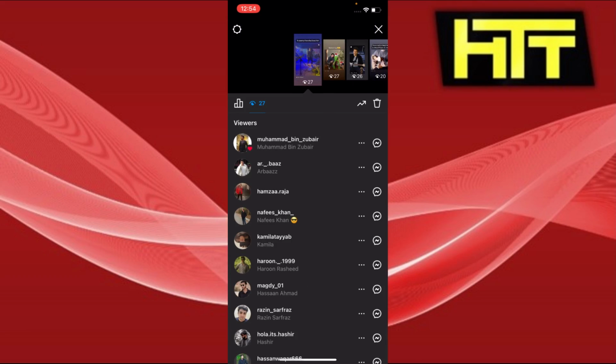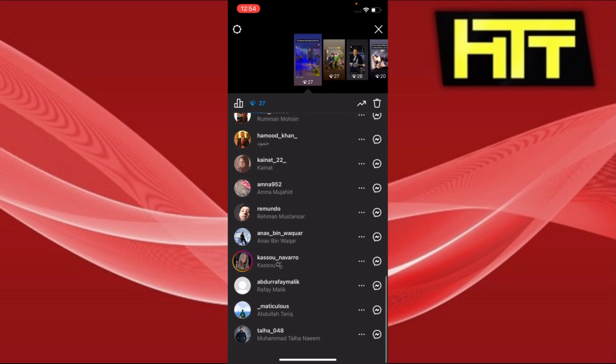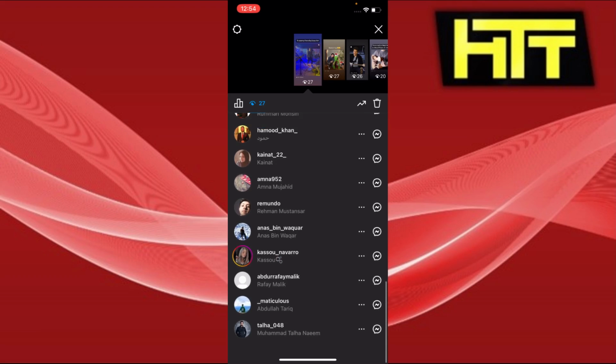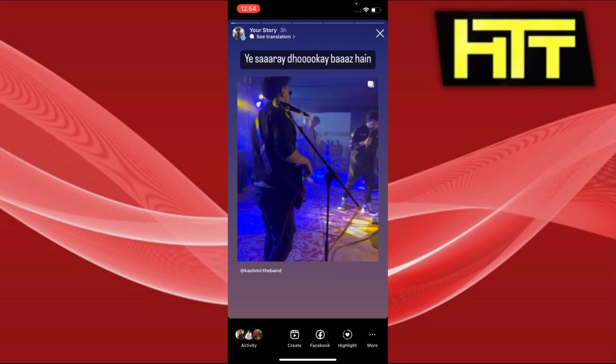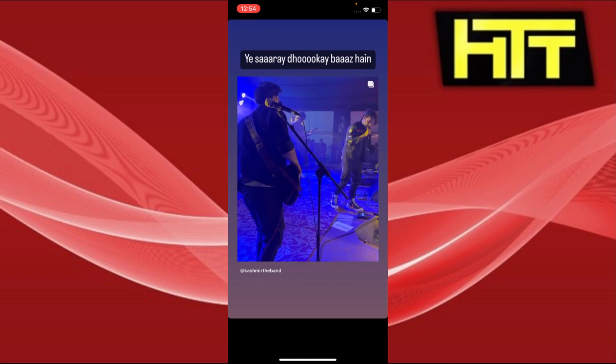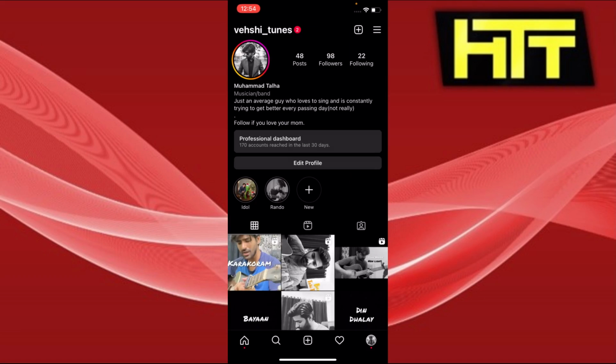If your account is public, you can go to the views and scroll down to the bottom. At the bottom are usually the people who follow you and you don't follow back, or people who do not follow you and you don't follow them either, so they could also possibly be your stalker. So you can always check the end of your list.